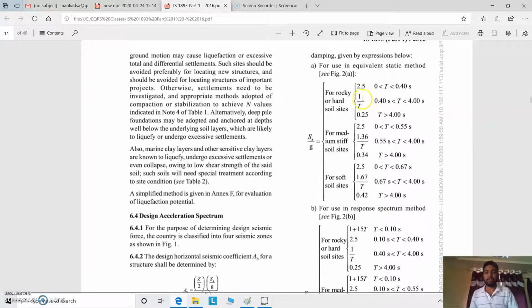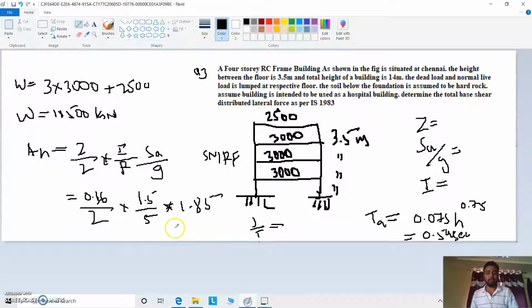So we need to consider 1 by T. This 1 by T is 1 by 0.54, which will give you 1.85, right?